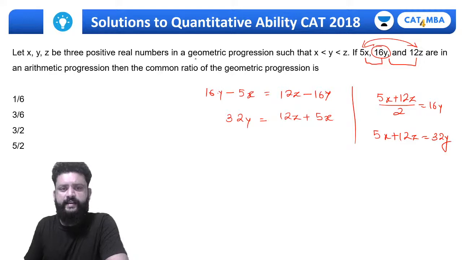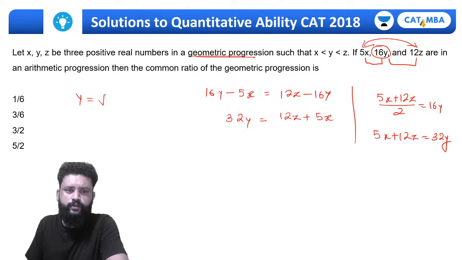Now x, y, z are in geometric progression. That simply means y is the geometric mean between x and z, so square root of x into z must be y.